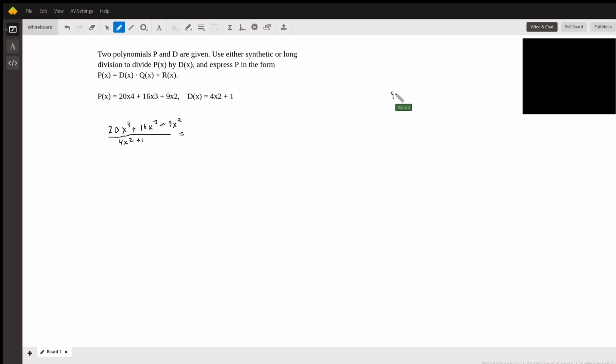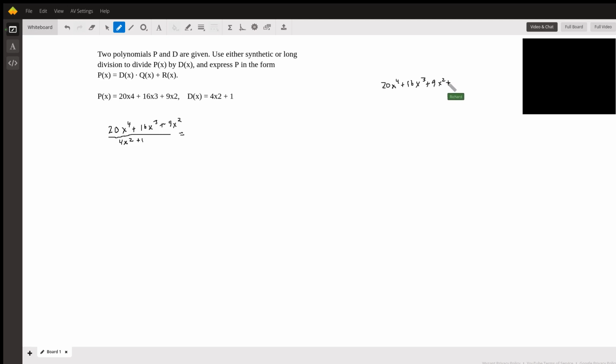So we're going to put our 20x to the fourth plus 16x cubed plus 9x squared.